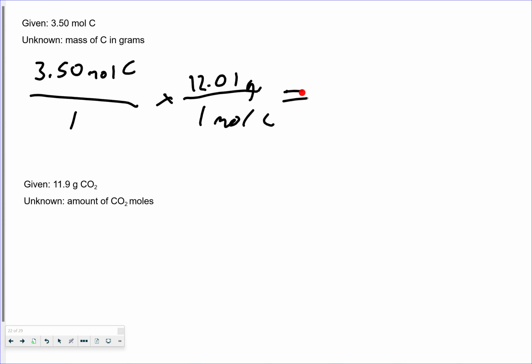Before we set up our equal sign, we check for unit cancellations. The moles cancel, and we're left with grams, which is what we want our final answer to be in. I'm just going to crunch the numbers real quick. For an answer, we get 42.035 grams, and then we check for sig figs. I have too many, so that would be 42.0 grams.